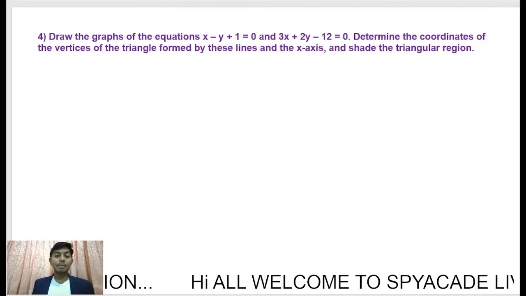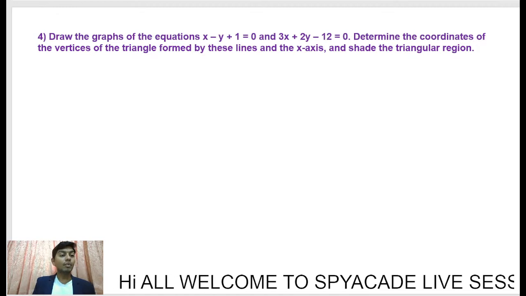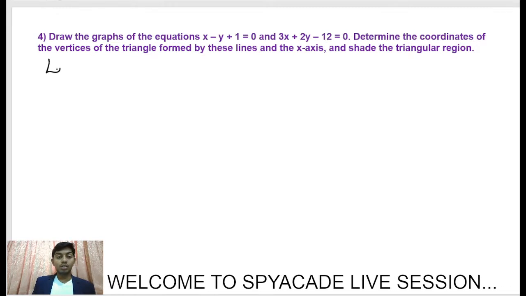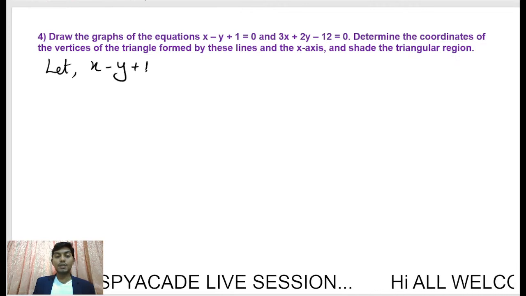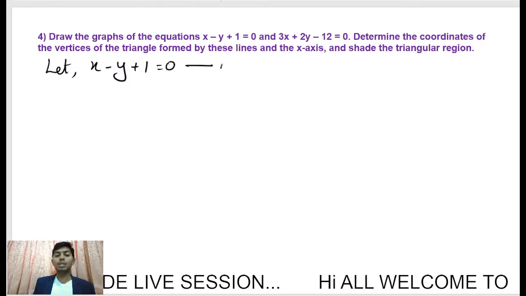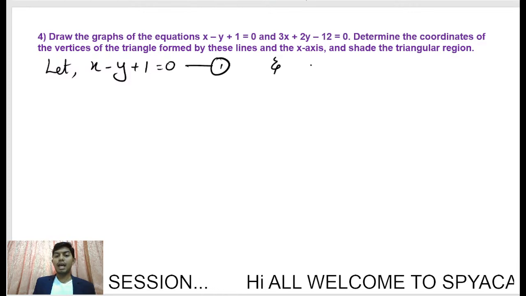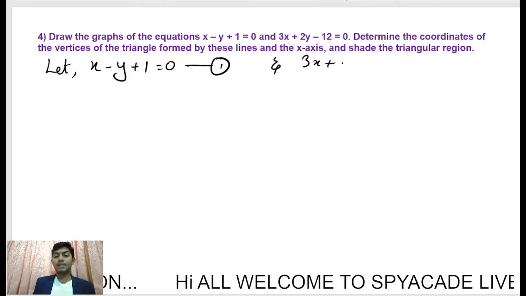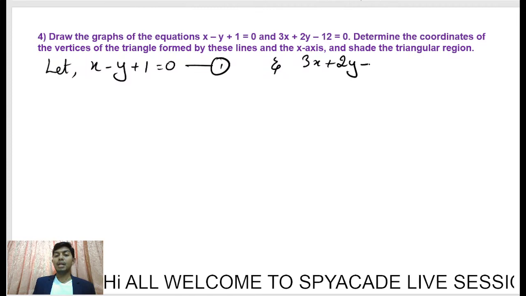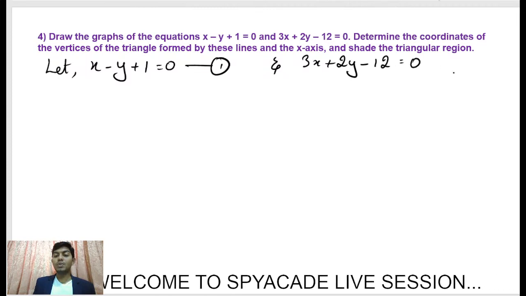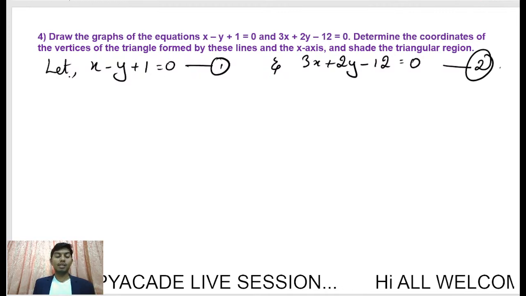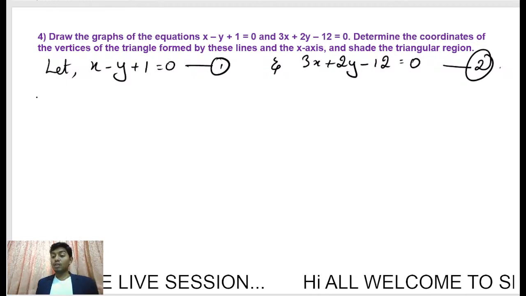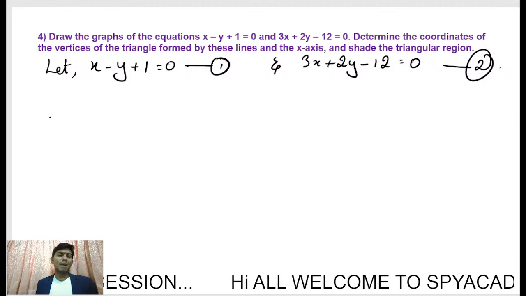Now let us solve with the first equation. Let x minus y plus 1 is equal to 0 be the first equation, and 3x plus 2y minus 12 is equal to 0 be the second equation. Now we have to substitute some numbers.